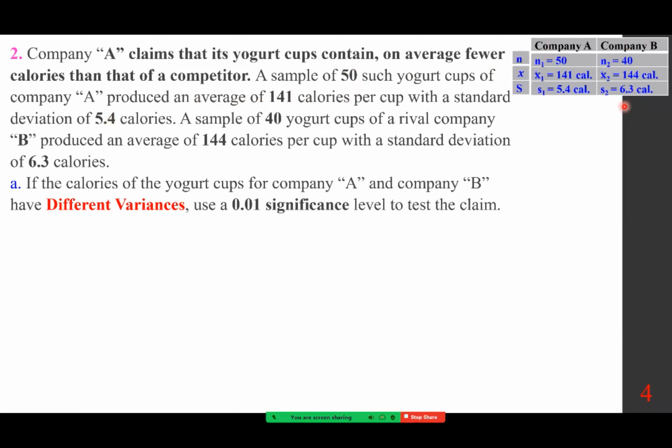Whereas here n sub 2 is 40, x bar sub 2 is 144 calories, and s sub 2 is 6.3. So we write the given in this table. It makes life easier so we can refer back to it. This is alpha.